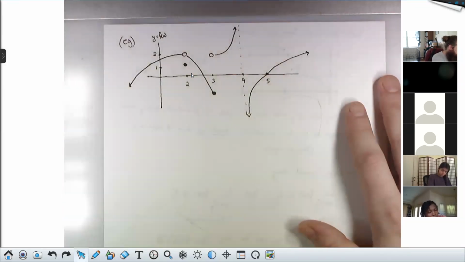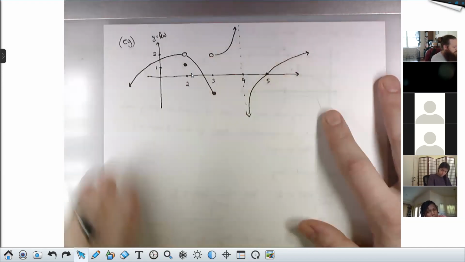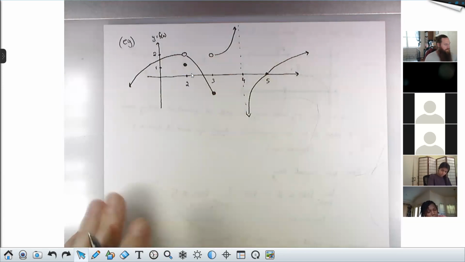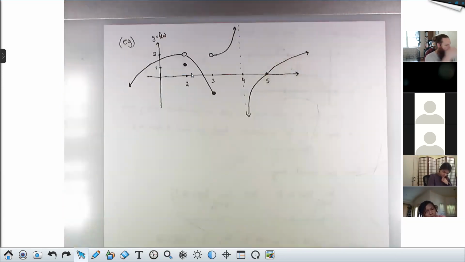And we'll say this is the graph y equals f of x. Here's my x-axis. And I want to take these ideas and see if we can calculate the limits at 2, 3, 4, and 5. We're going to do that by looking at one-sided limits for each of them.